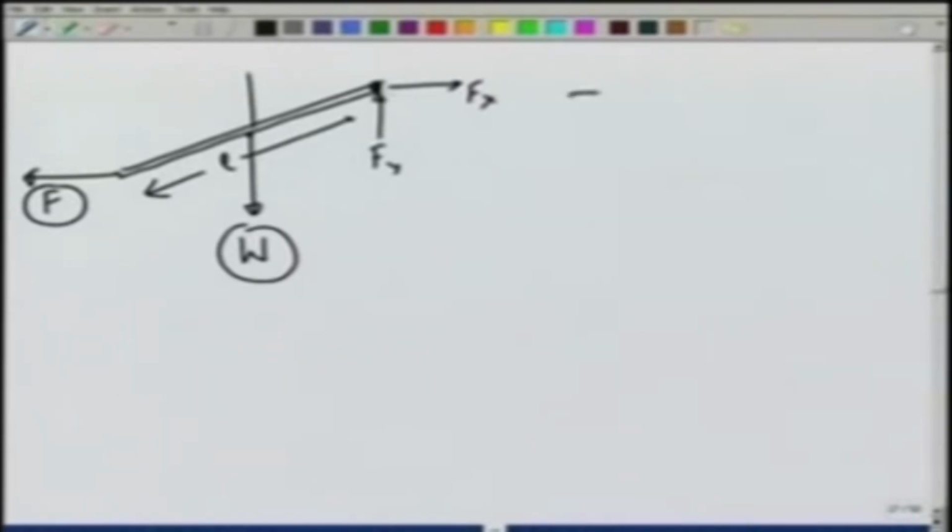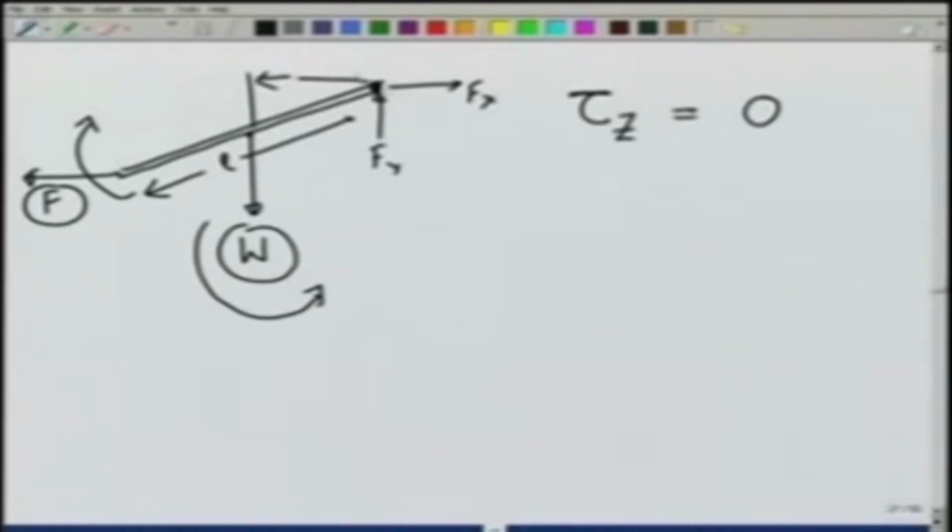If I take torque about the Z axis it should be 0. The weight is giving a torque in this direction, counterclockwise is going to be positive, and F is giving a torque in this direction which is negative. Let us calculate the distances first. This distance is going to be L over 2 cosine of theta, and this distance is going to be L sine of theta.